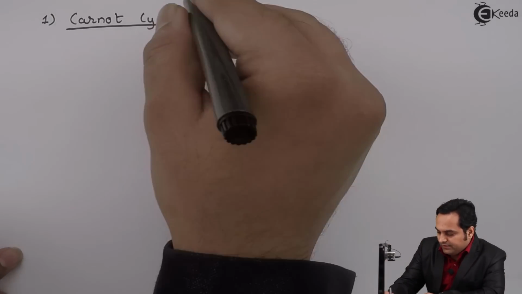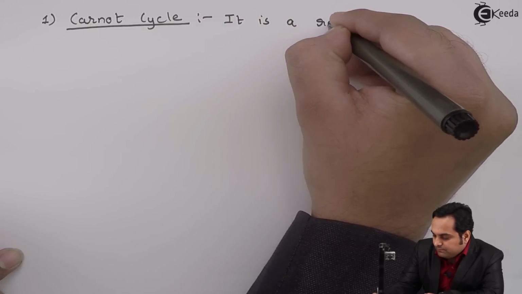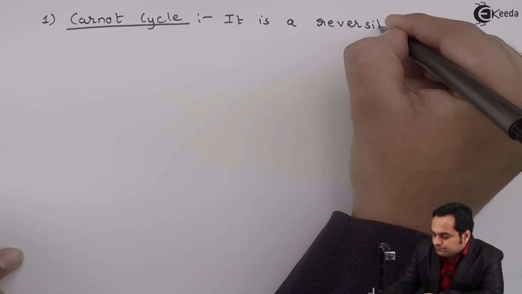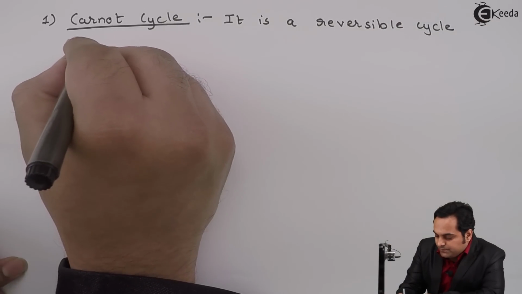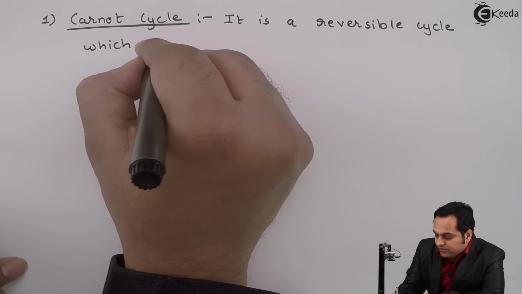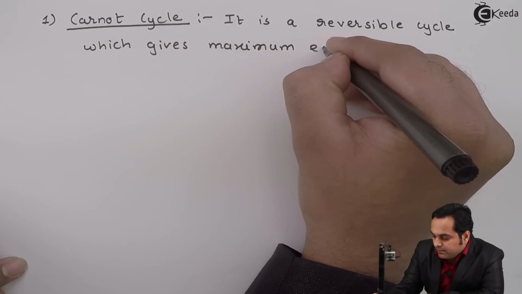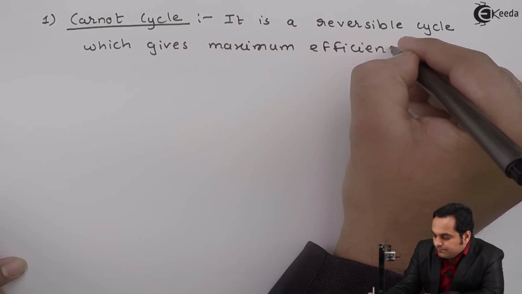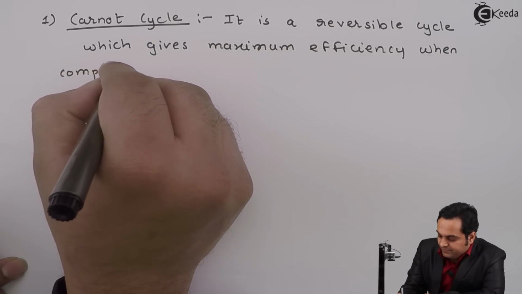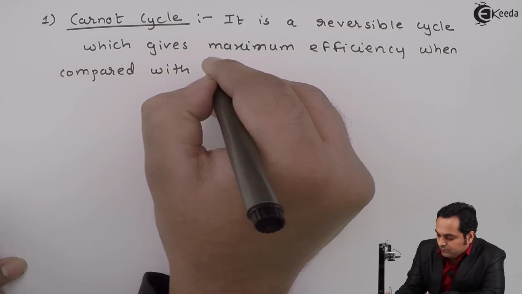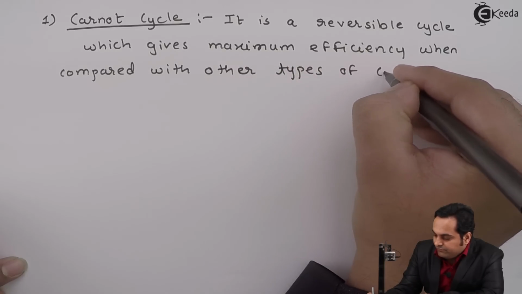So it is a reversible cycle which gives maximum efficiency when compared with other types of cycles.